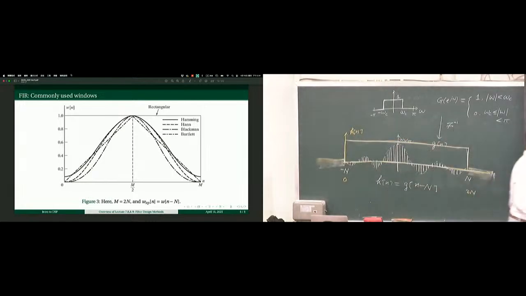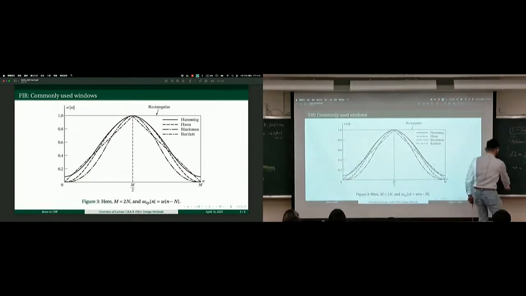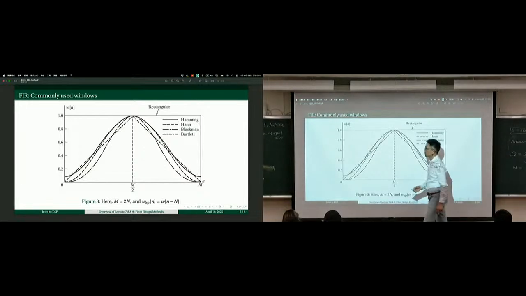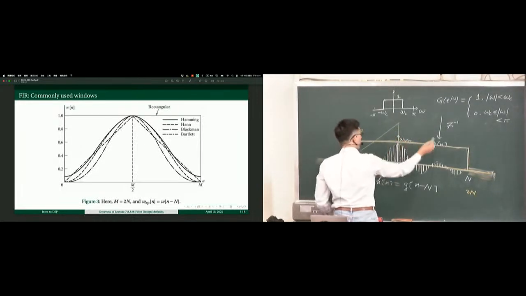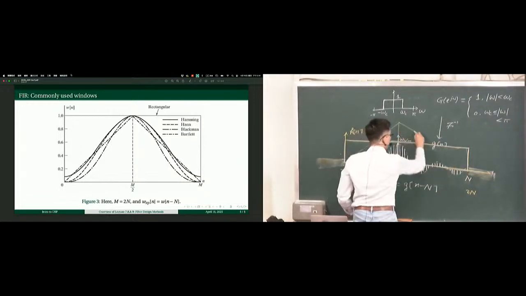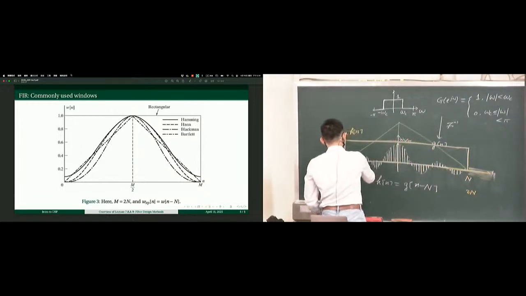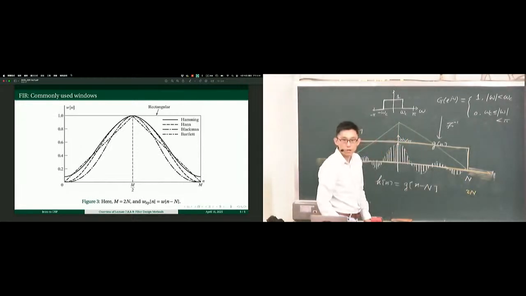For example, we multiply it with a triangular Bartlett window like that. You will be multiplying the triangle sample by sample with your design, hopefully to improve the performance. That's shaping with a window function.